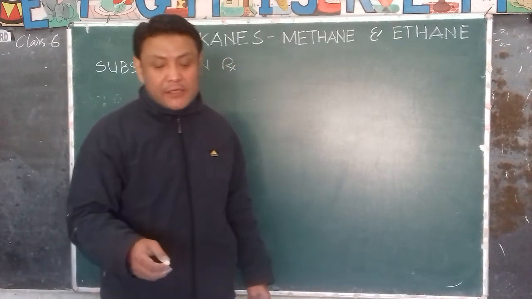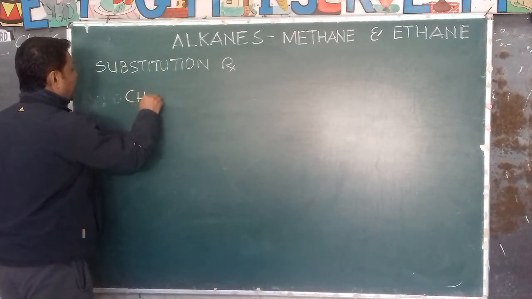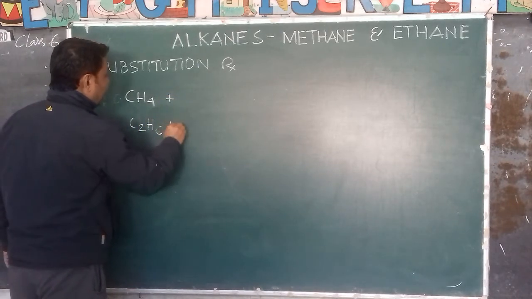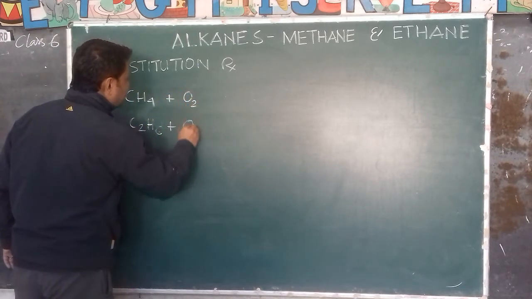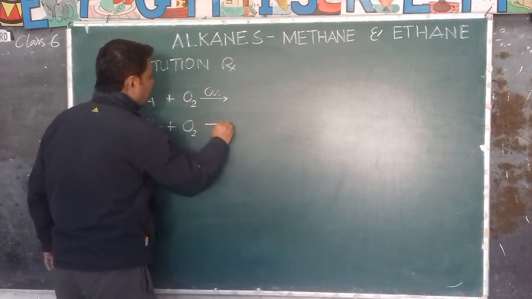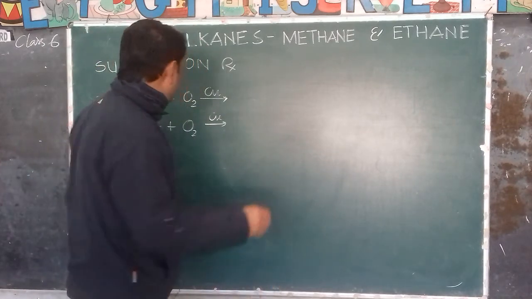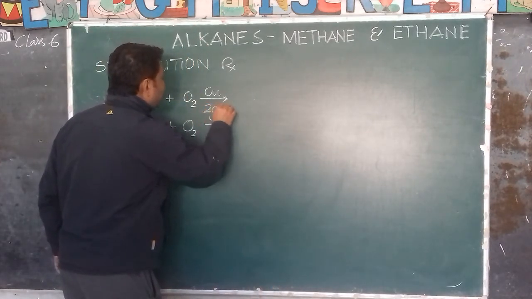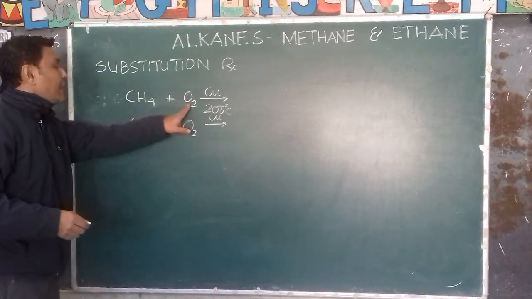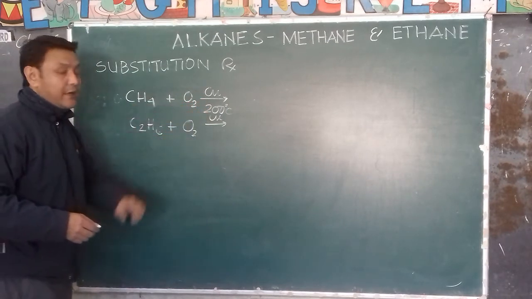So now we are oxidizing methane and ethane, CH4 and C2H6, reacting with oxygen in the presence of copper as a catalyst. In both the cases, the catalyst is copper, and the temperature is 200 degrees Celsius in both the equations.